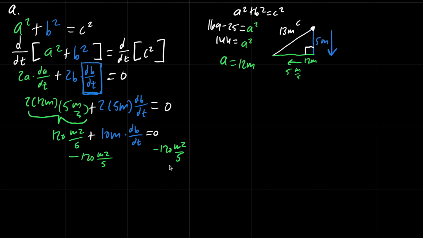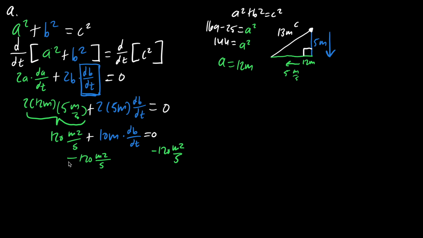Scrolling down for more space, we get 10 meters times the derivative of B with respect to time equals negative 120 square meters a second. Divide both sides by 10 meters to get our final answer.